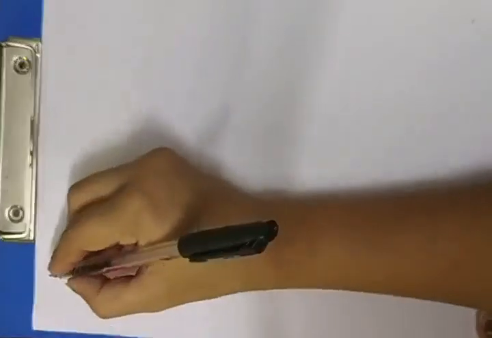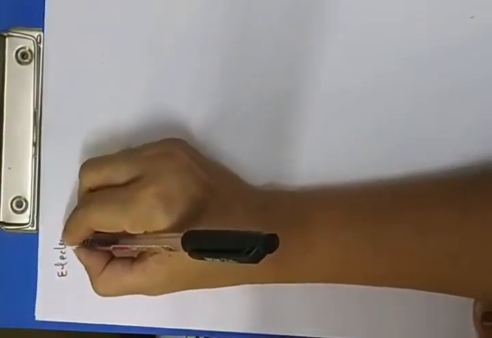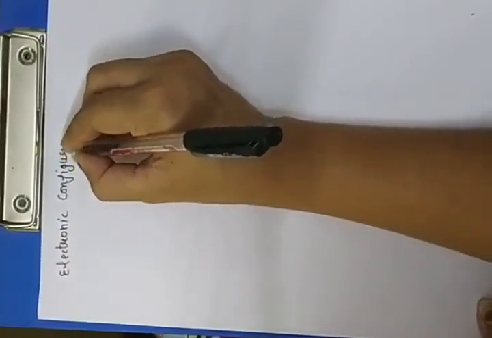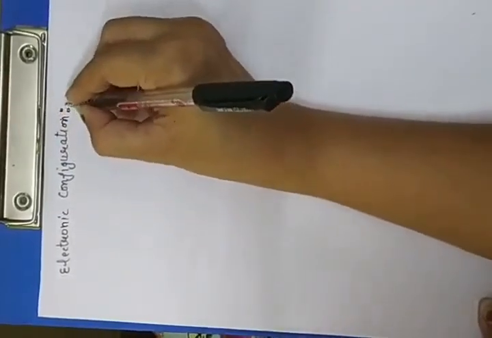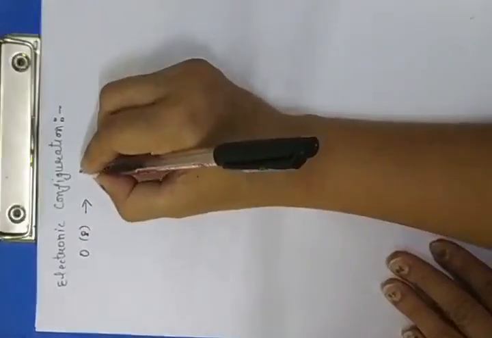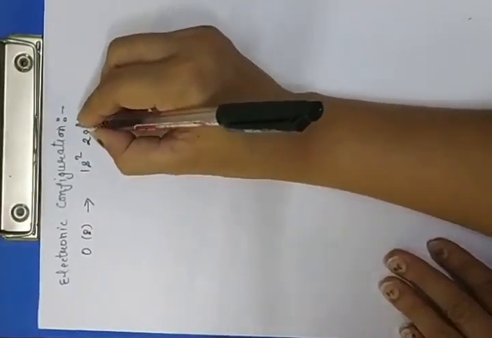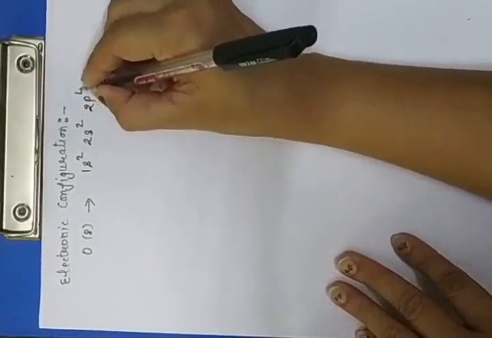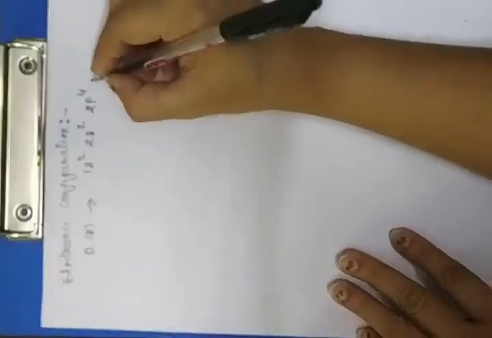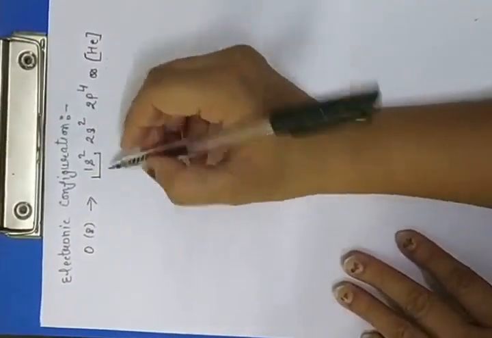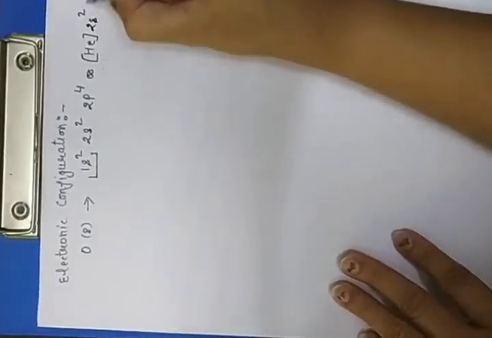Now next is the electronic configuration of these elements. The first one is oxygen, having 8 electrons, and when these electrons are distributed in the subshells, its electronic configuration is 1s2, 2s2 and 2p4, or it can also be written as helium, which covers the configuration up to 1s2, continuing with 2s2 and 2p4.